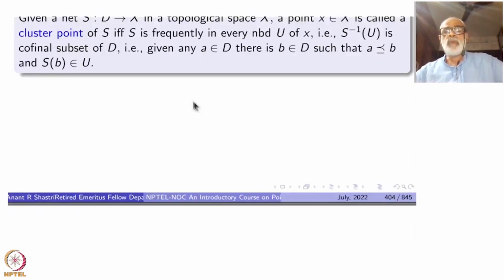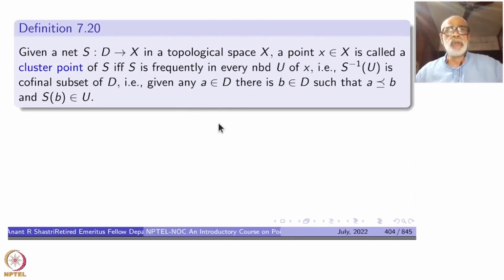Okay, one more definition. Now we are coming closer and closer to the convergence property. Take any net S in a topological space. A point x is called a cluster point of S (earlier we defined limit point, the limit of a set) if and only if S is frequently in every neighborhood of x, which is the same thing as saying that S inverse of U is a cofinal subset of D for every U, where U is a neighborhood of x.